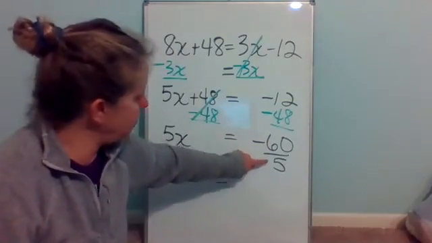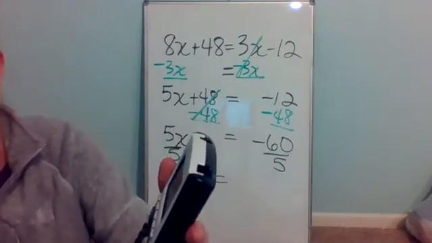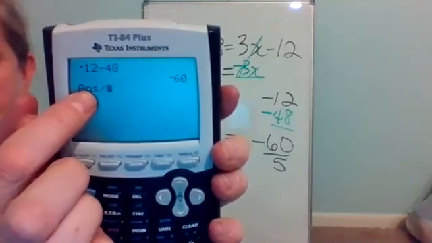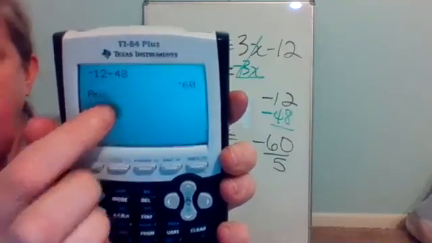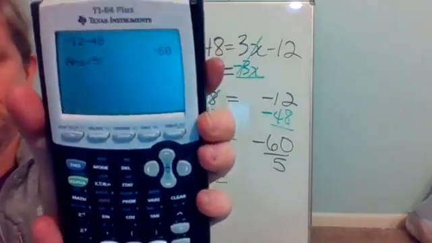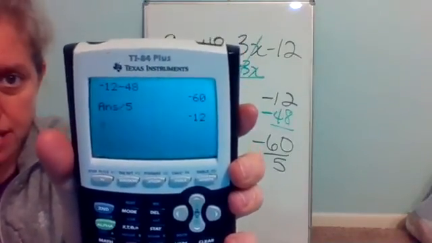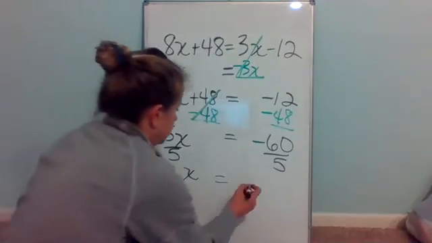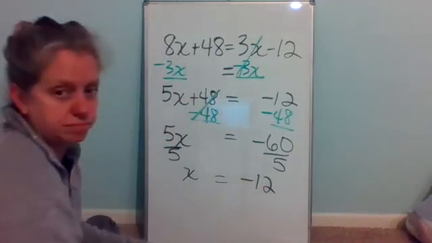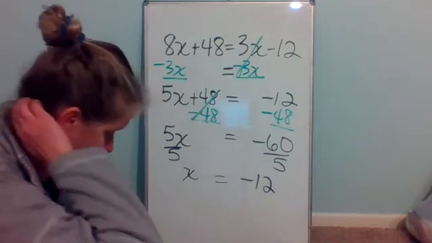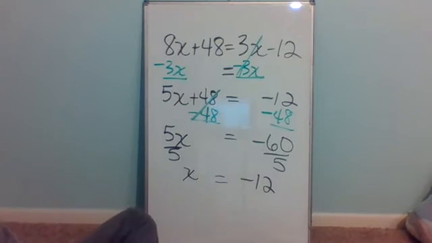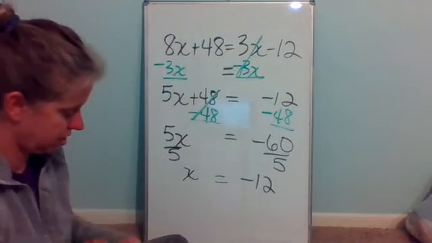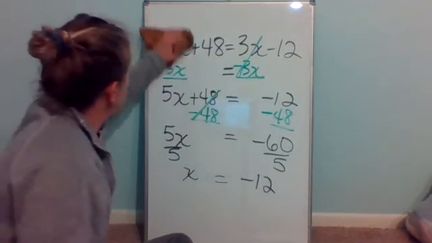Now you just need to hit divided by 5, because if you hit divided by right now, it's going to say whatever your last answer is, divide it by, and then you would tell it 5 to get negative 12. All right, number 18.